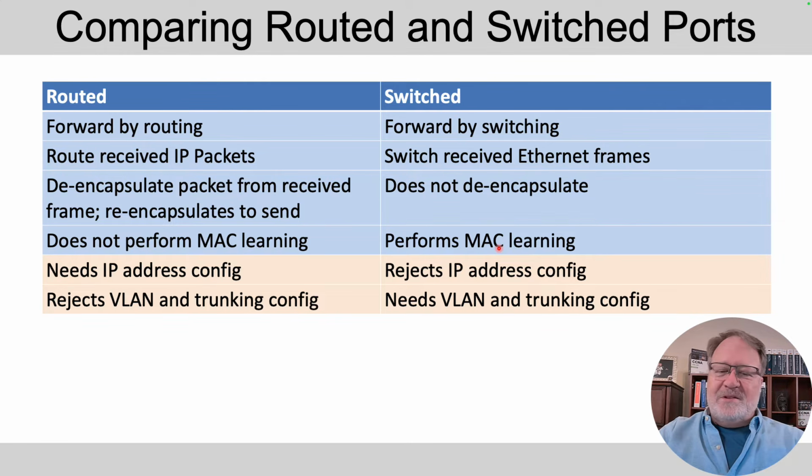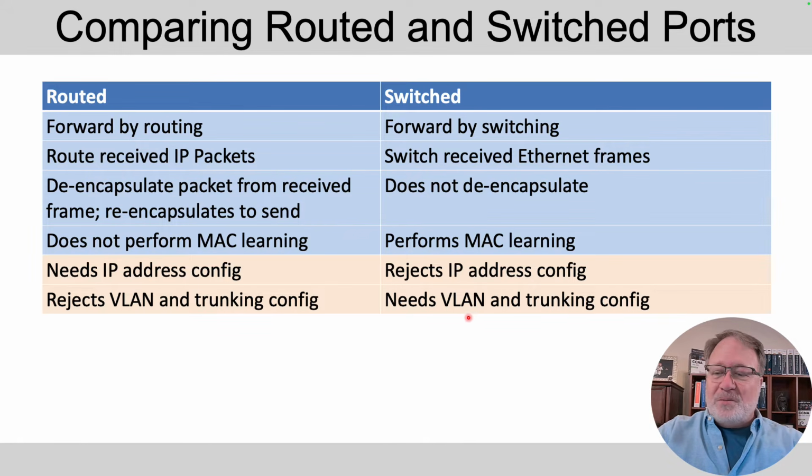Then the last two items are more about configuration. If you get into interface config mode on a routed port, it's going to need an IP address command, just like any other router port would on a router. Whereas on a switched port, if you tried the IP address command, it's going to reject the command. Conversely, if you get into interface mode on a routed port and try to configure VLAN or trunking commands like switchport mode trunk, that's rejected because layer 2 commands don't make any sense on a routed port.